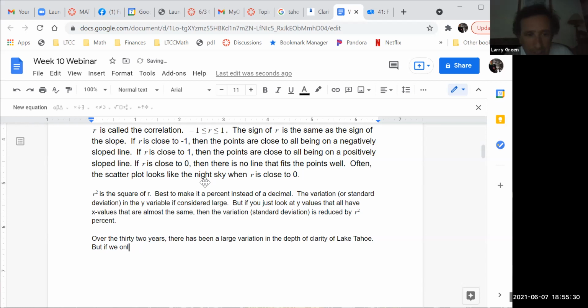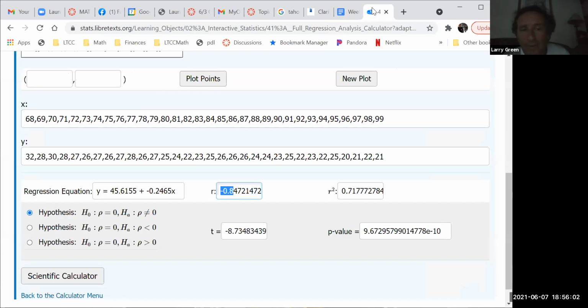But if we only look at a few years that are consecutive, the variation in the depth of clarity is reduced by an average of, and now remember R squared was about 0.72 or 72%.